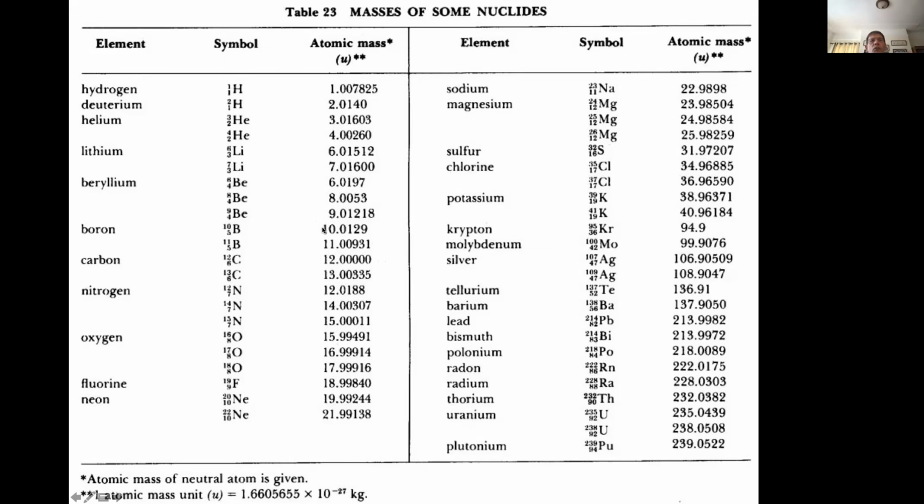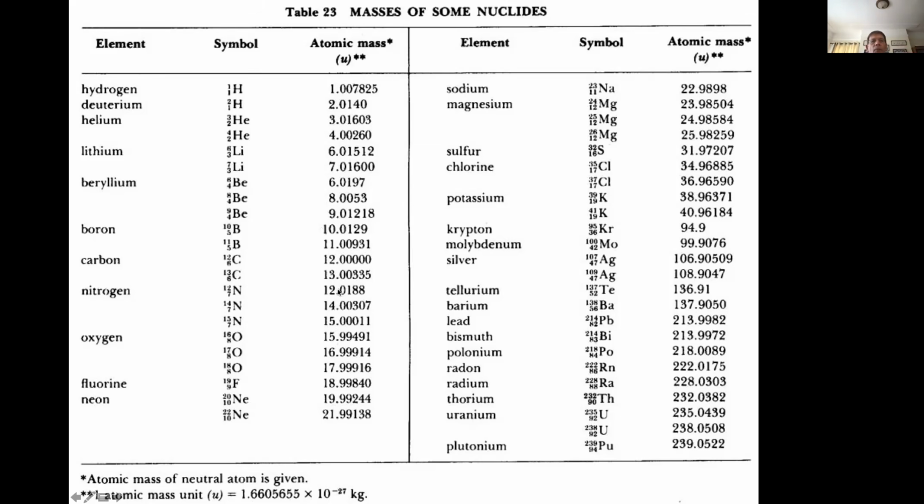Now, there's no question that it's a bound nucleus. It's a bound system because it's an element. We find it, we use it, we make things of it. But what it means, since this number is slightly larger than the number 10, is that it is indeed bound, but the binding is not as tight as in carbon.